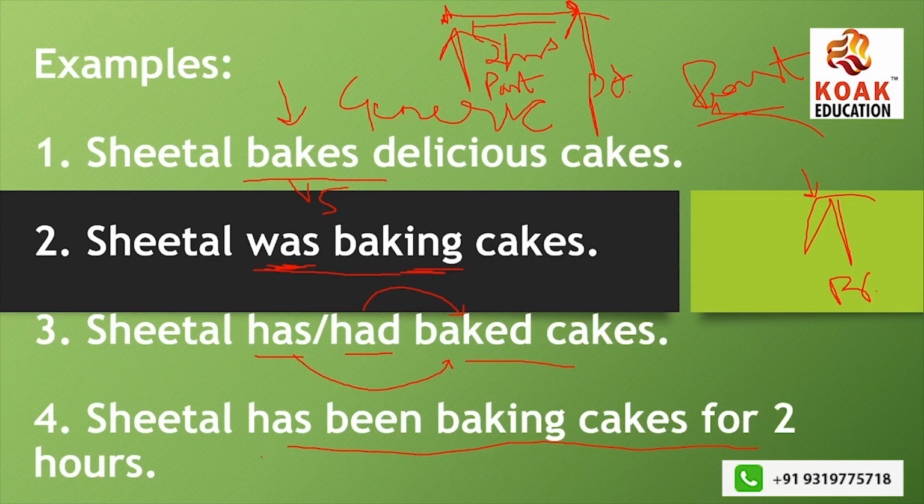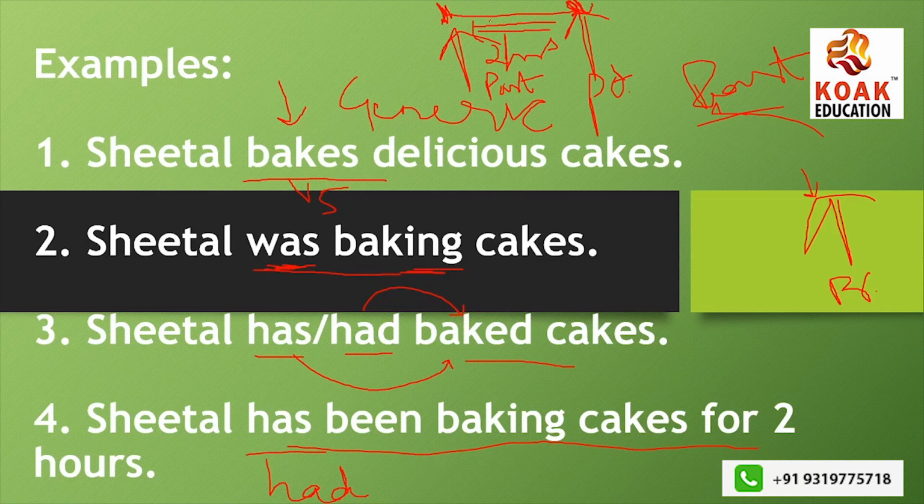Now, instead of has, if I put had here and say Sheetal had been baking cakes for 2 hours, it means the action started in the past, 2 hours back. For 2 hours she was baking cakes. Now she has completed. Had been baking means she was baking, but now she is not baking.